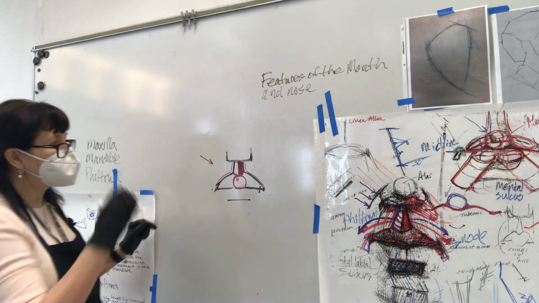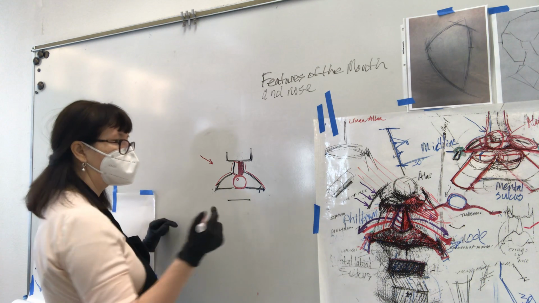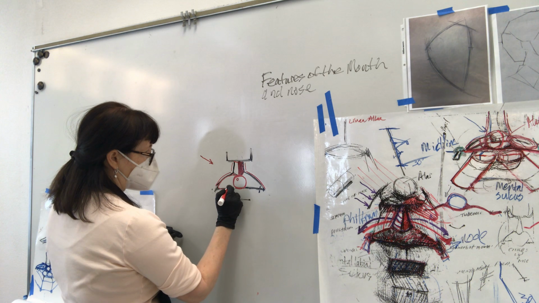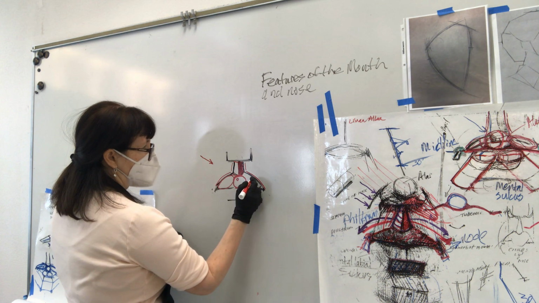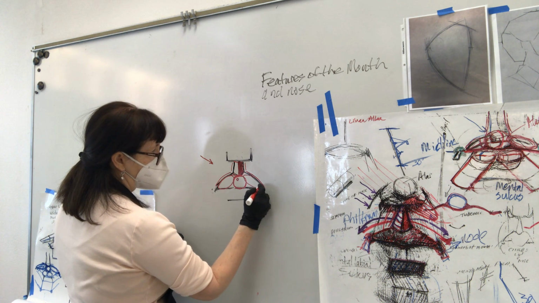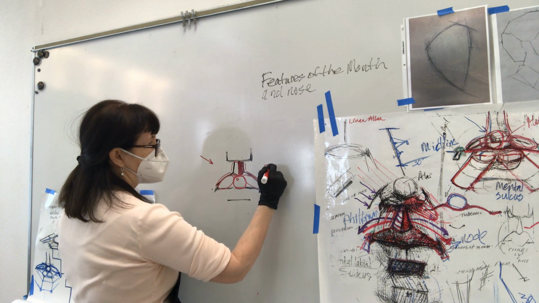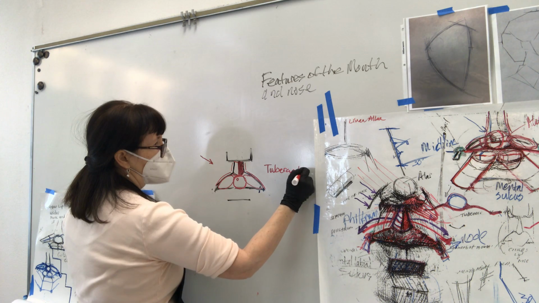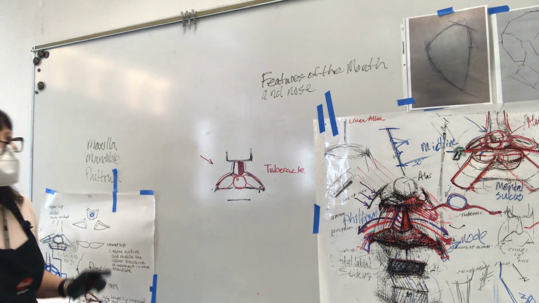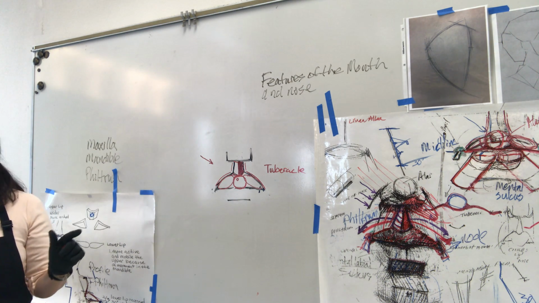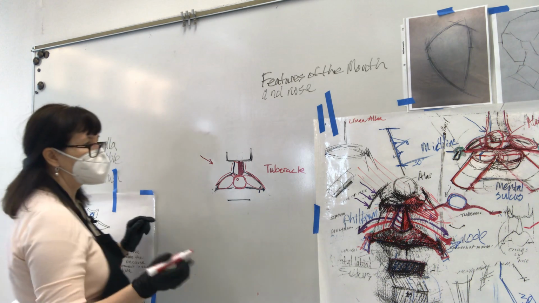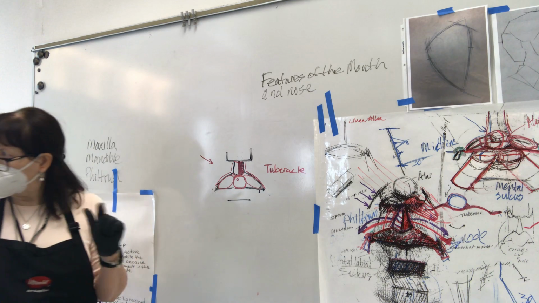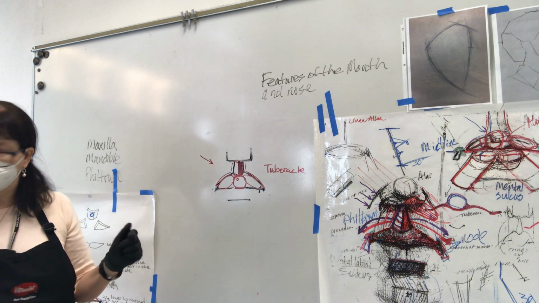And then to the side of this, it has two forms. One of these forms is called a tubercle. Well, they're both called tubercles. There's a tubercle here and a tubercle here. What's important about this tubercle is the cross contour line. This is how to draw a compelling mouth.